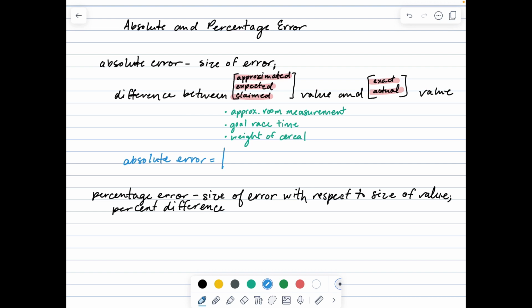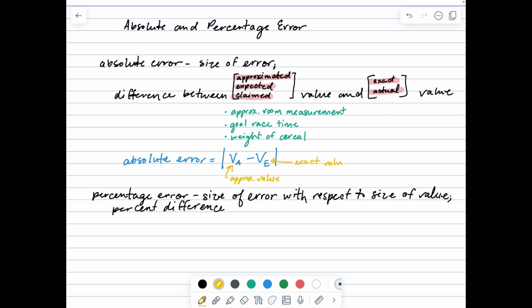So it's the absolute value of the difference between the approximated value and the exact value. So VA is the approximated value, and VE is the exact value.